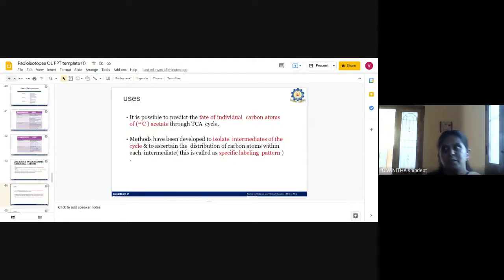It is possible to locate individual carbon atoms in the DNA molecule. Methods have been developed to isolate the intermediates of that cycle and to ascertain the distribution of carbon atoms within each intermediate.